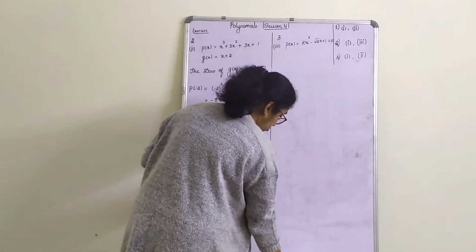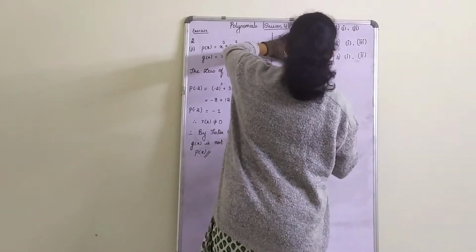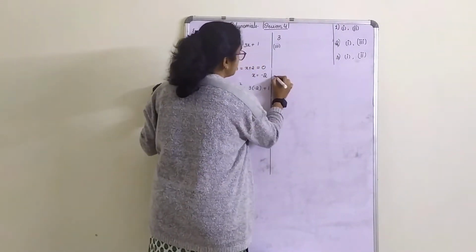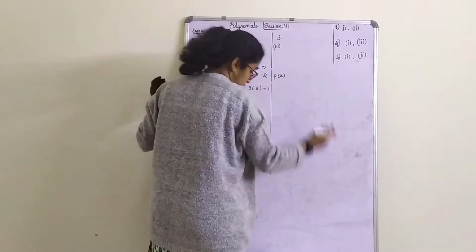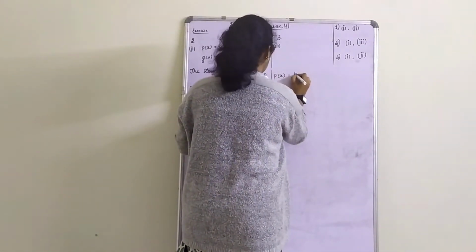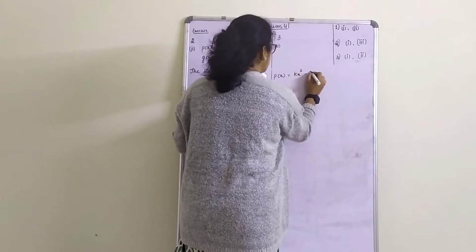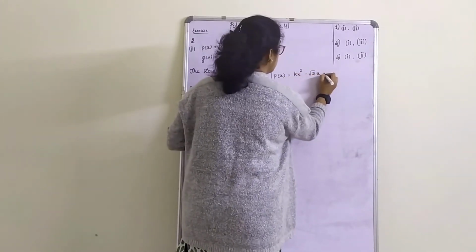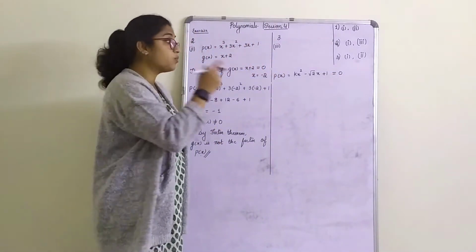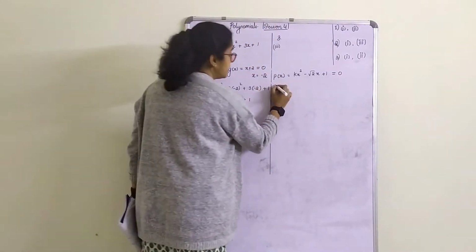You want me to write it more clearly? I'll write it down so that it will be very much visible. P of x is equal to kx square minus root 2x plus 1 is equal to 0. I will write here equal to 0. Why have I written this?